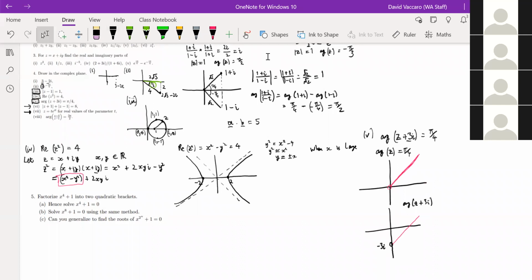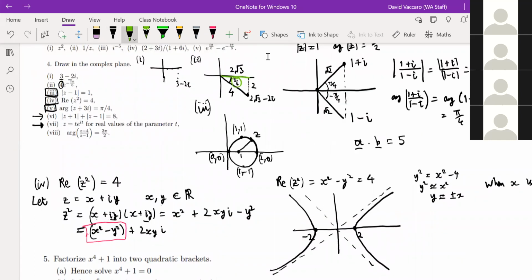But let's zoom in on question 8 here. So the argument of z minus 4 over z minus 1 is equal to 3 pi over 2.